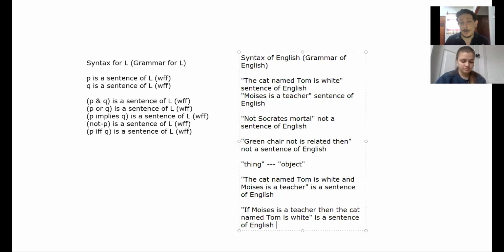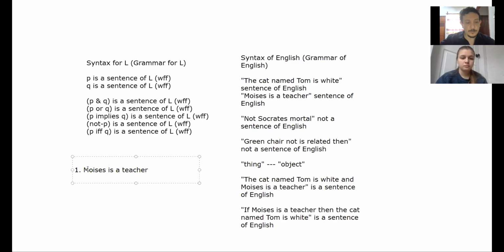But just notice how implausible it is that, and this is just another way of showing you how these rules for grammar have nothing to do with rules for deduction. They are just not the same thing at all. So suppose that you have as a premise, Moises is a teacher.